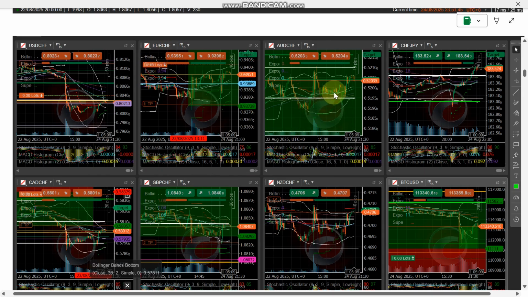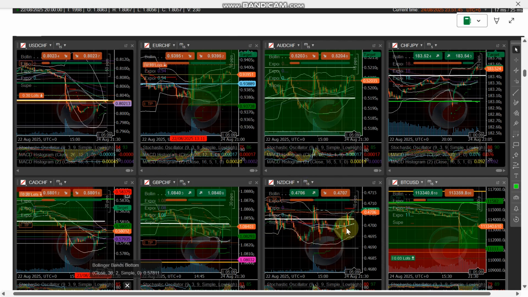Look at CAD Swiss franc on the left, also beneath the 1 hour line. The 1 hour line is the father of the 15 minutes. So the white line is the 1 hour mid line of the Bollinger band, and both are below the midline, CAD Swiss franc below the midline. GBP also touched, almost bridged. I will see how long it takes to bridge back above this mid Bollinger band on the 1 hour time frame.